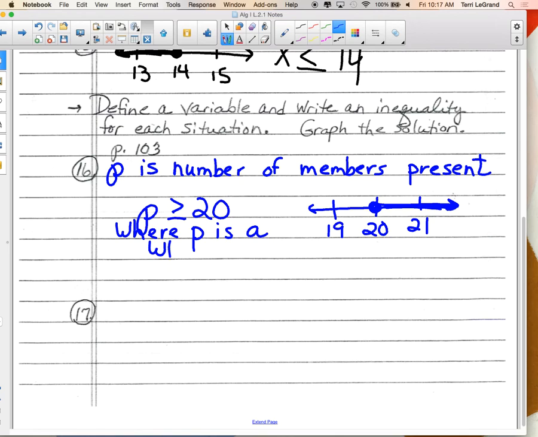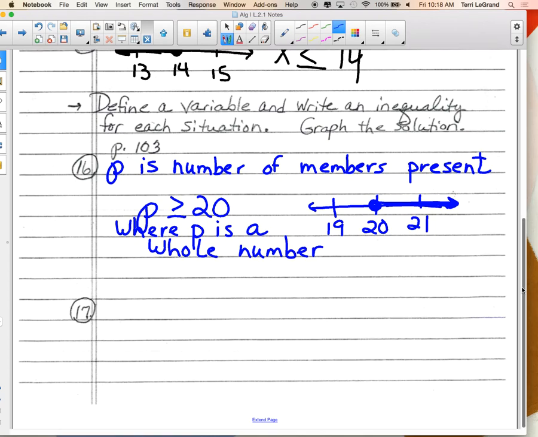Whole number. We have to have whole numbers of people. So even though the shaded region shows anything bigger than 20, including 20 itself, there are a whole bunch of numbers in between those integers that it can't be, it has to be a whole person, okay?